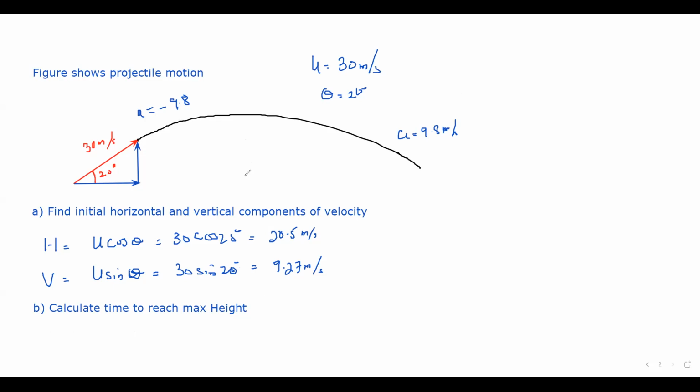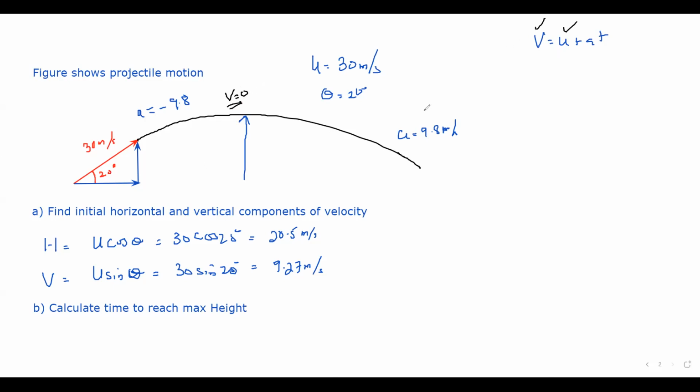Because when we are using the vertical component, we always use equations of motion. So of the four equations of motion, we have v is equal to u plus at. Now we'll check whether we can use this one or not. We have v. The final vertical velocity will be zero.